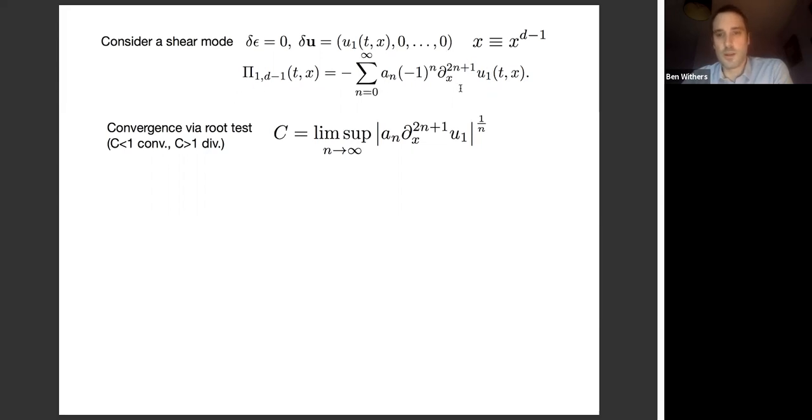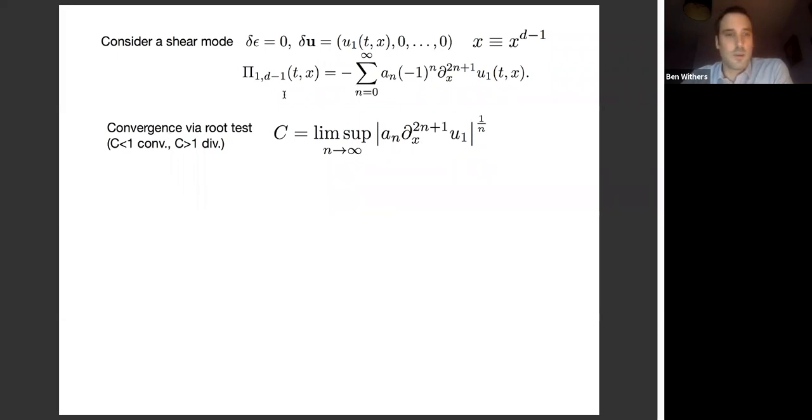We would like to ask, well, does this sum converge or not? So let's look at the root test. So we're going to compute this quantity C, which is the limit superior as n goes to infinity of this quantity, an derivatives of un, an derivatives of u raised to the power 1 over n, and then you take n to infinity.